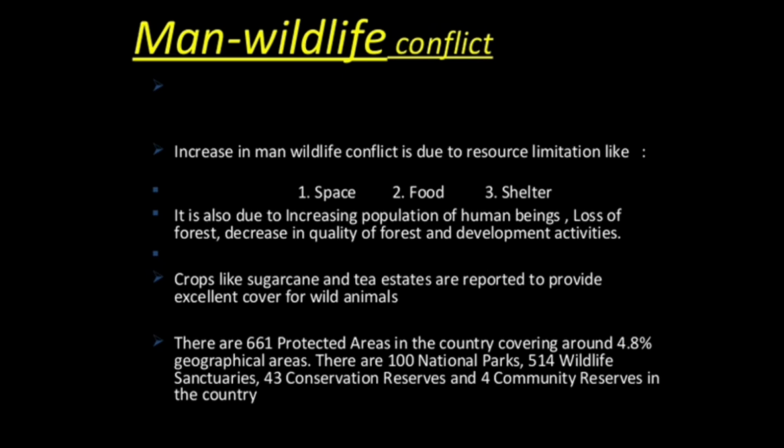Crops like sugarcane and tea estates are reported to provide excellent cover for wild animals. There are 661 protected areas in the country covering around 4.8% of the geographical area. There are 100 national parks, 514 wildlife sanctuaries, 43 conservation reserves and 4 community reserves in the country.